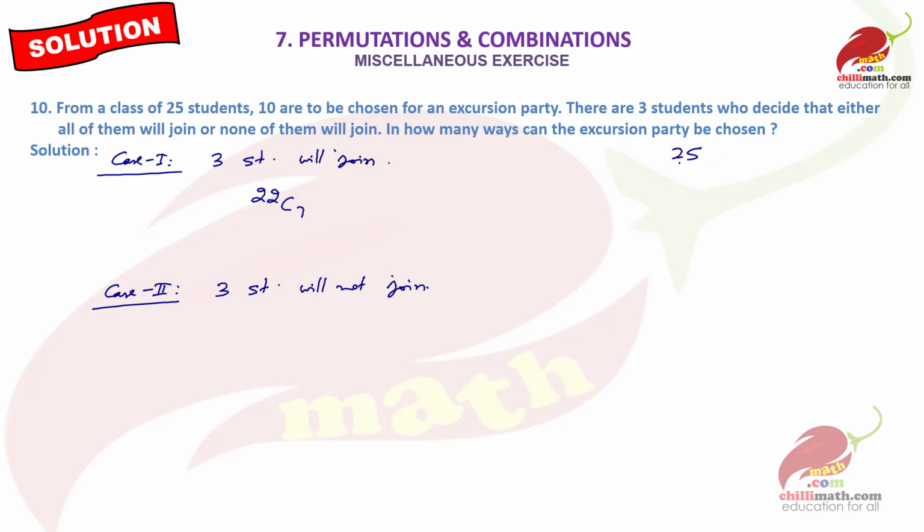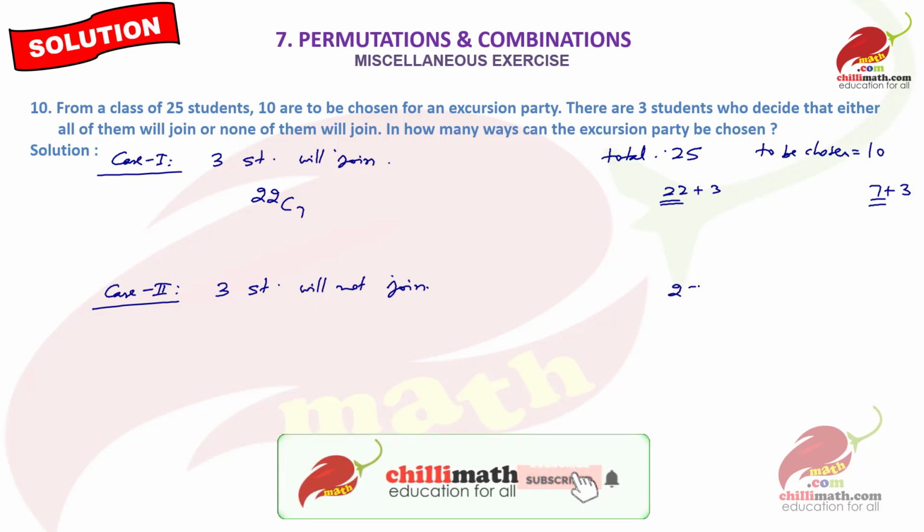I explain this here also. 25 are total, and to be chosen we need 10. When 3 students will join, they are already there. So 3 we have already chosen. So how many are required? 7. When 3 are already chosen, how many total are left? 22. So 22C7.